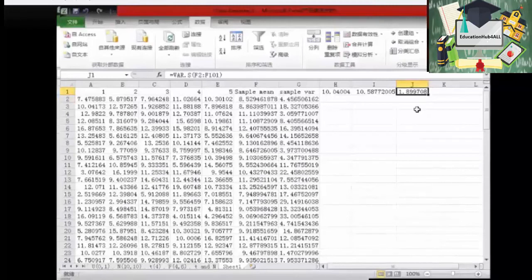What do you have? You may have 2 point something, and I have 1.9. So this is the true value, but with 100 replications, that variance is close to the true value. So that's what we said: the distribution of the sample mean has a mean of 10 and a variance of 2.